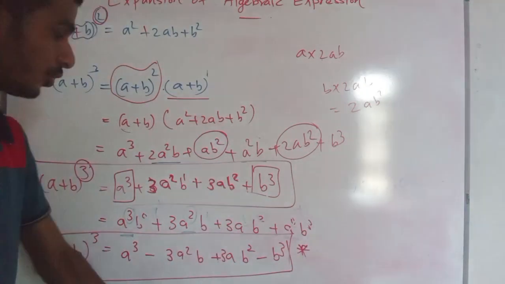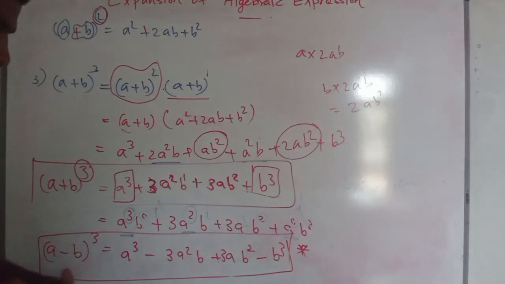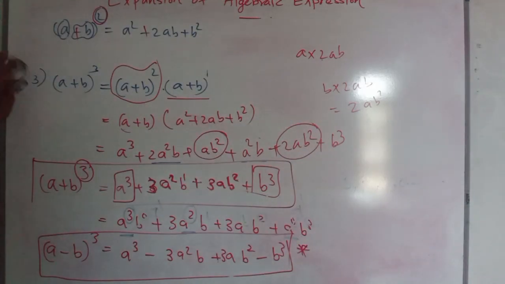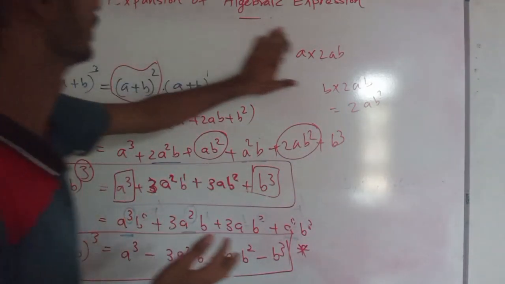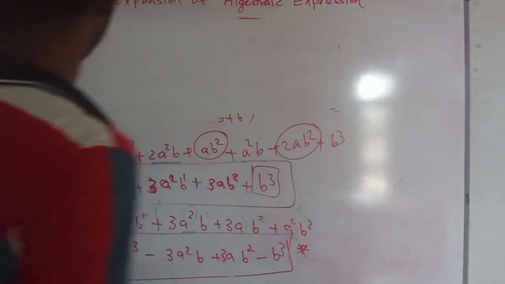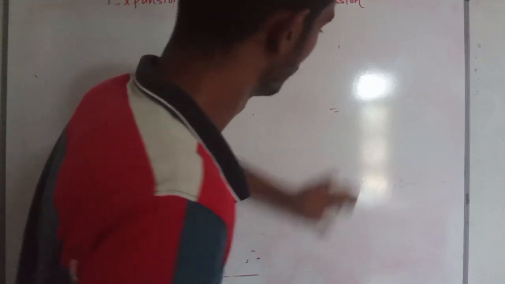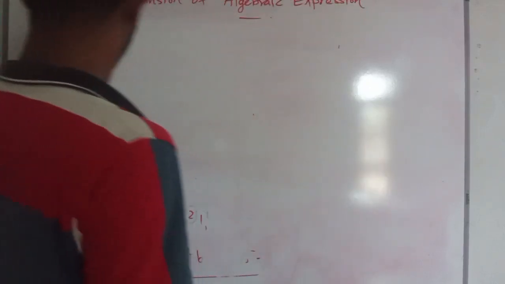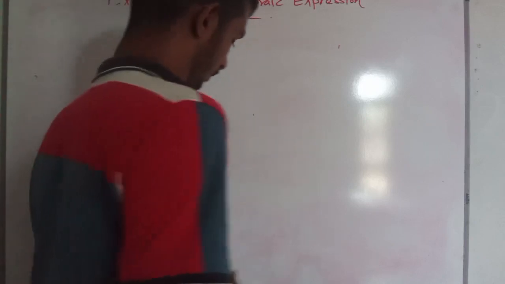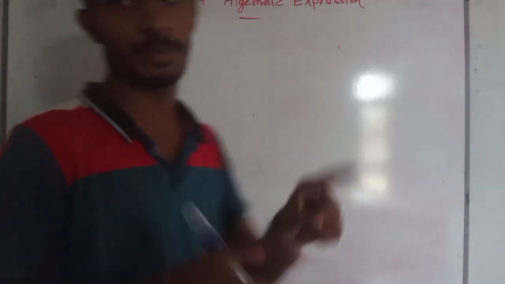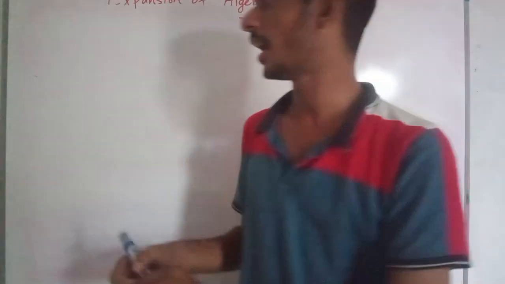Now I will explain how to obtain the expansion of this expression. Like we did for the first expansion, I mean (A minus B) whole square, I will tell.